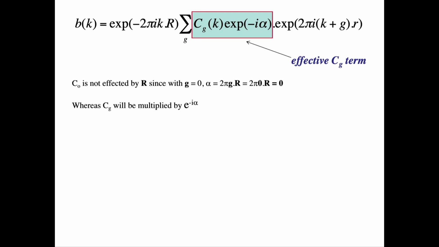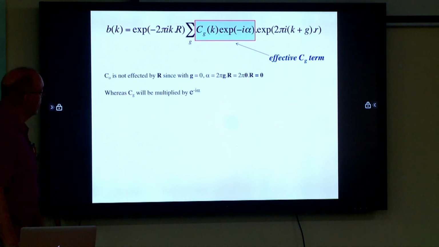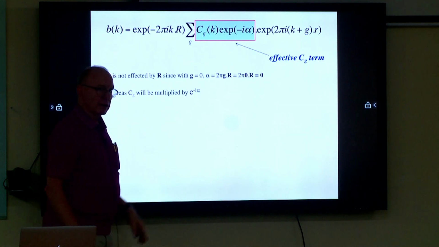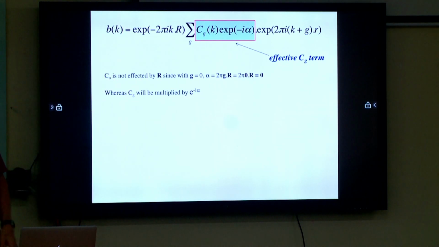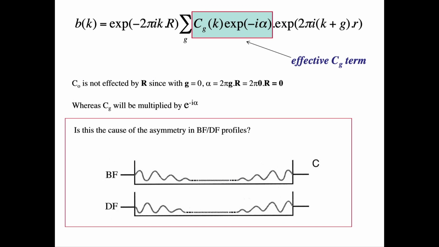And so C naught is not affected by R, because when we have G equals 0, then of course this factor just ends up being 0. But the C_Gs will be multiplied by this factor here, right? So our direct beam is not being affected, but our diffracted beams are. And that's why we get this difference between bright field, which is symmetrical, and dark field, which is asymmetrical.